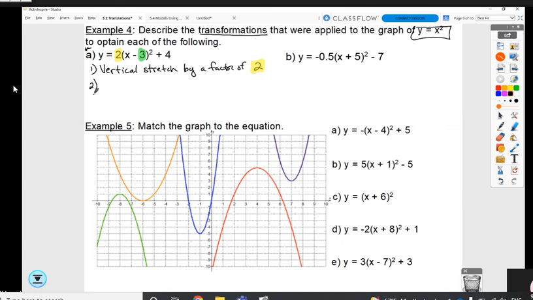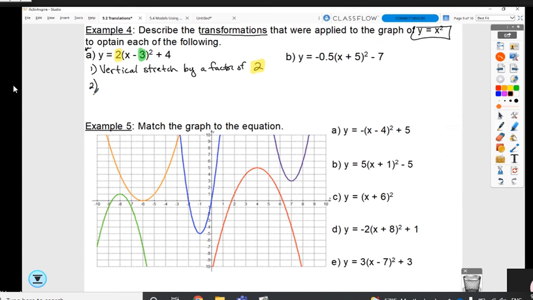Horizontal. Now, the hardest part here is thinking about this x minus 3. Is that 3 positive or is that 3 negative? It's positive. So because it's positive, and because it's a horizontal shift, what can we say? It went to the right 3 units.